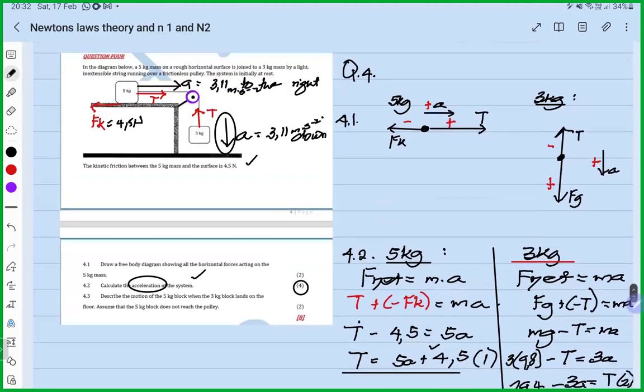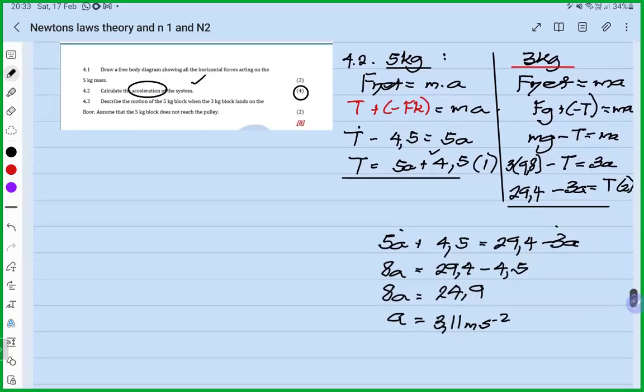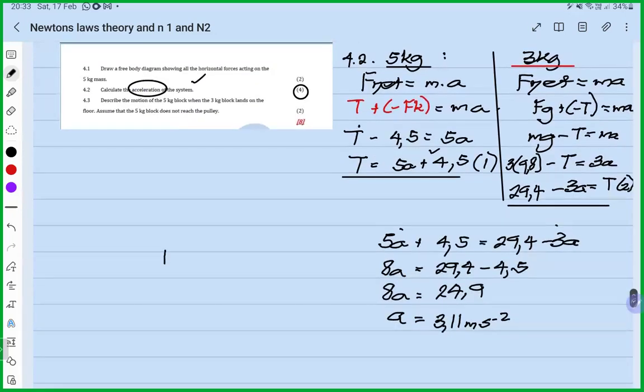Right, so it says describe the motion of the 5 kilogram block once the 3 kilogram block lands on the ground. Now, once the 3 kilogram block lands on the ground, this is what's actually going to happen. When the 3 kilogram block lands on the ground here, there's going to be no tension in the string because it's not going to be pulling on anything because that's going to be moving forward.